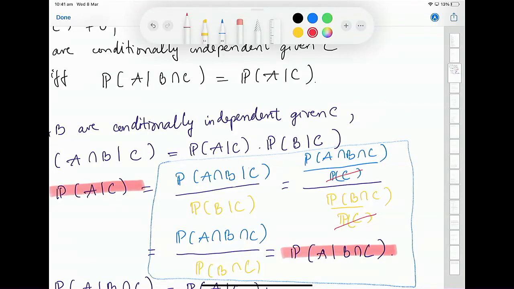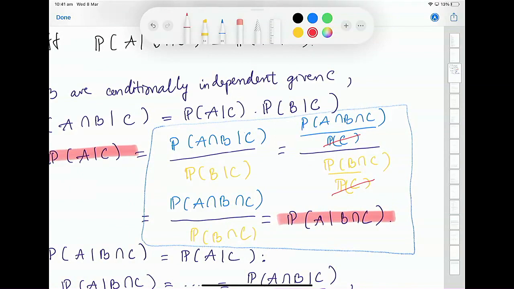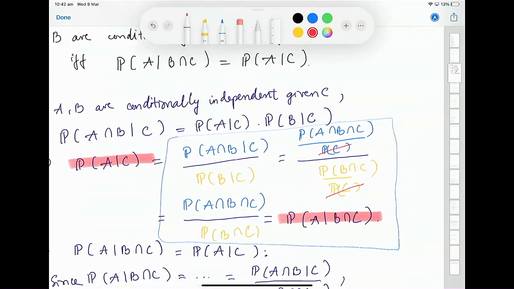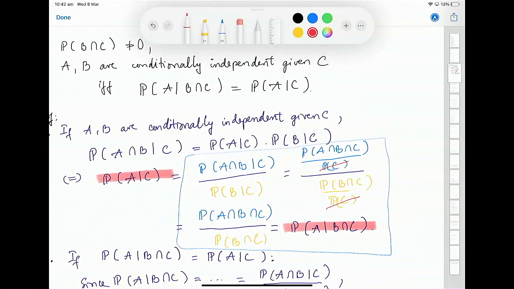Everything is well defined, so we can cancel the probability of C. Then the fraction turns into the blue term on top divided by the yellow one: the probability of A intersect B intersect C divided by the probability of B intersect C. From the definition, this fraction is the probability of A given B intersect C. So at the end, the red term equals the red term, which proves that the probability of A given C equals the probability of A given B intersect C, by using the conditional independence given C of A and B, and the fact that the probability of C is different from 0 and the probability of B intersect C is different from 0.